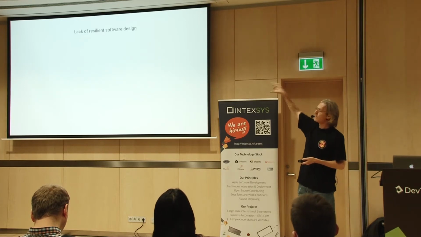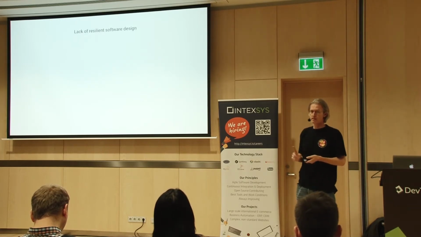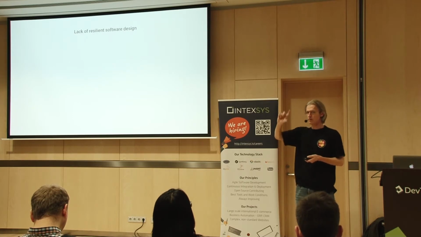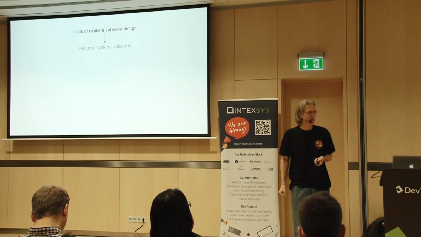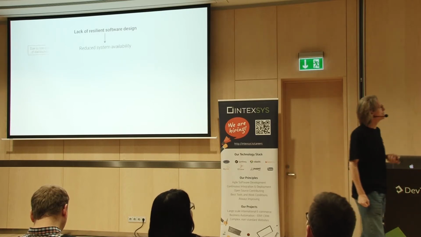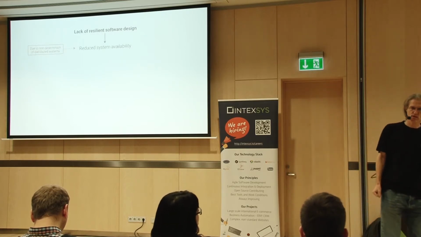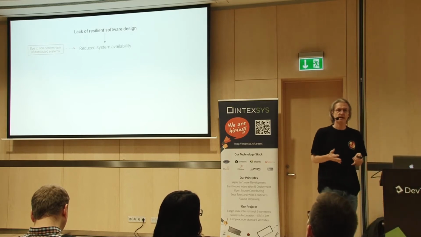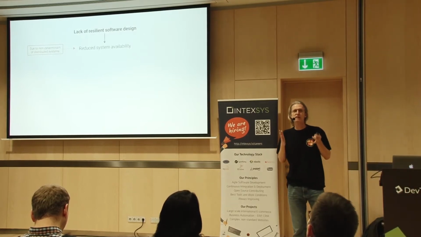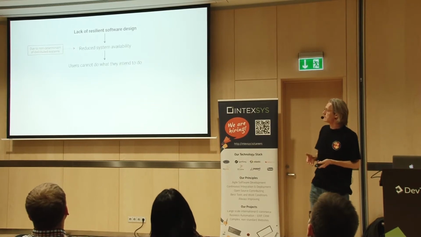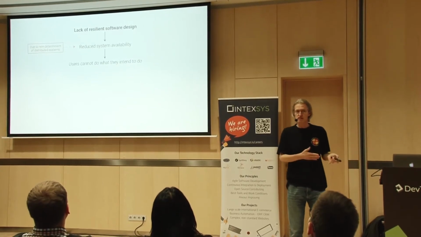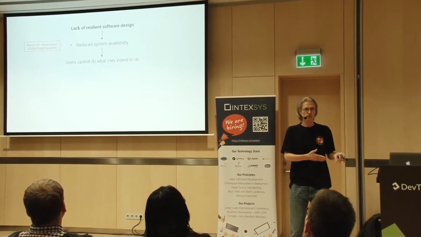If you don't do it, so you have to compare doing it and not doing it, you will have reduced system availability due to the non-determinism of distributed systems. So you're not prepared for dealing with the problems that distributed systems will give you. This results in the fact that your users cannot do what they want to do.